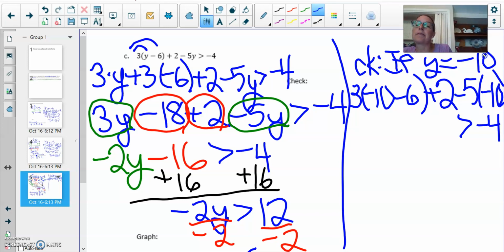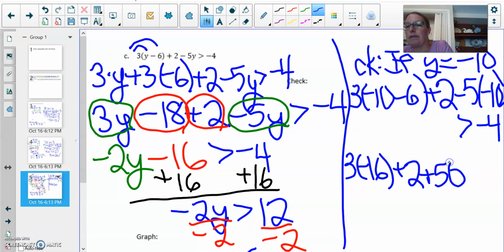Okay, so now on that left-hand side, start with the parentheses. -10 minus 6 becomes -16. So 3 times -16 plus 2. -5 times -10 becomes plus 50 is greater than -4, hopefully.